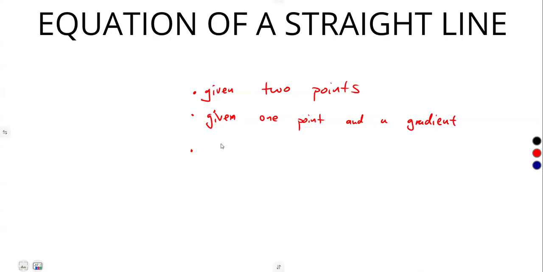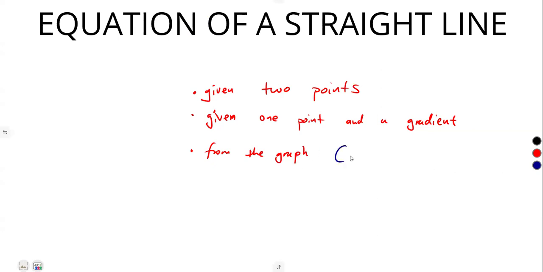You can be given gradient and y-intercept, graphically. They draw a line for you, all right? So let us just say from the graph, from the line that you are given.